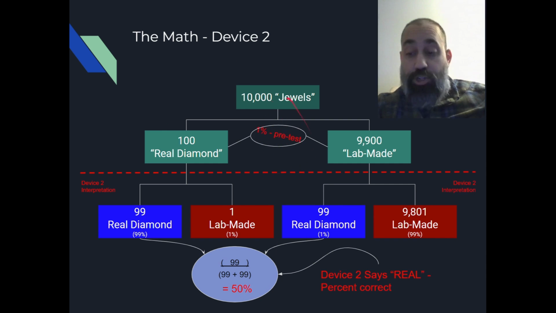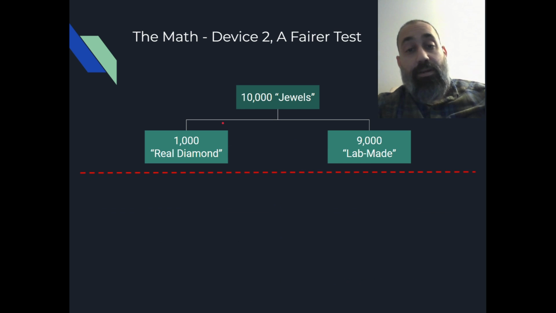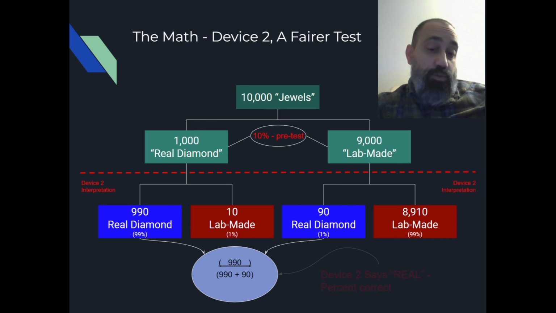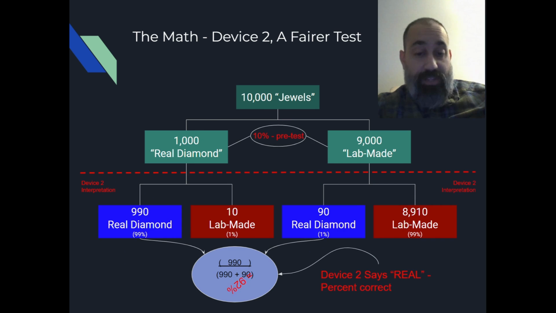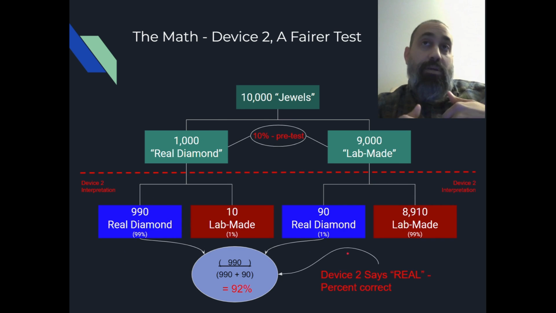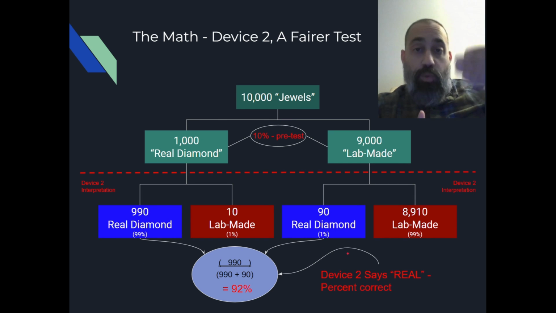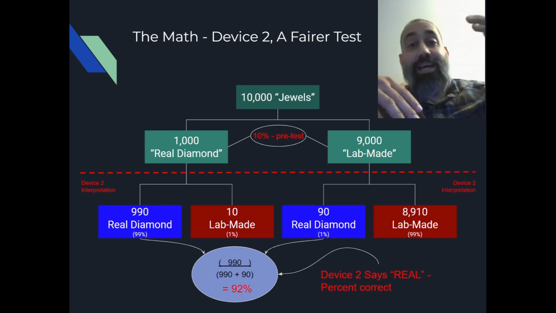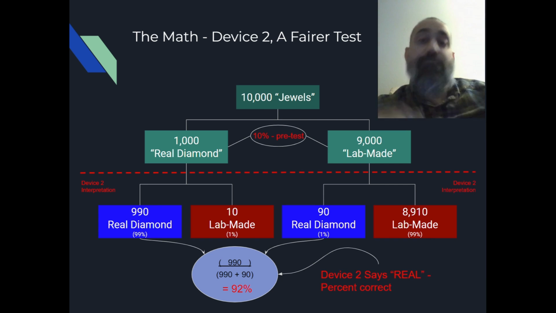And in a 10% chance, where there's 1,000 real diamonds out of 10,000, then the device was right even more often. When the device said that it was real, it was right 92% of the time. So from 0% to 1% to 10%, the accuracy of the device overall went up, even though the device remained unchanged, because the context of testing affected the accuracy of the results.